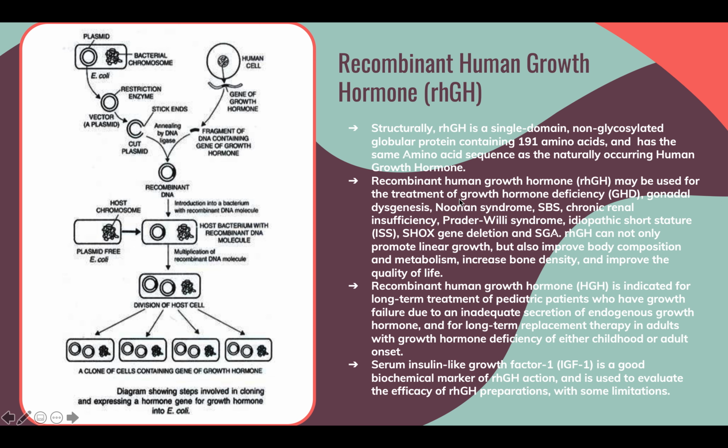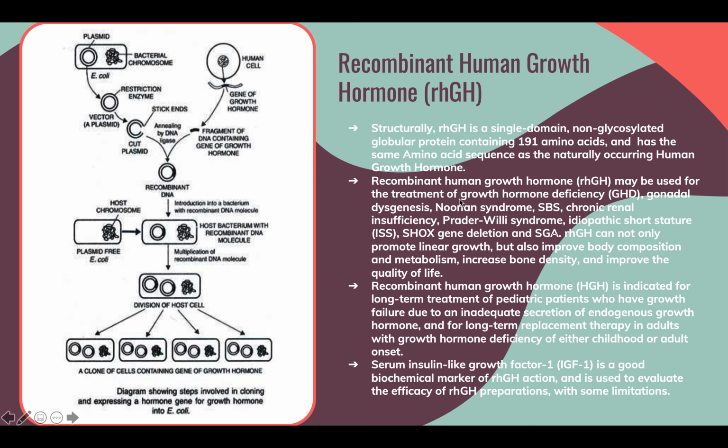So structurally, recombinant human growth hormone is a single domain, non-glycosylated globular protein containing 191 amino acids, and it has the same amino acid sequence as the naturally occurring human growth hormone.